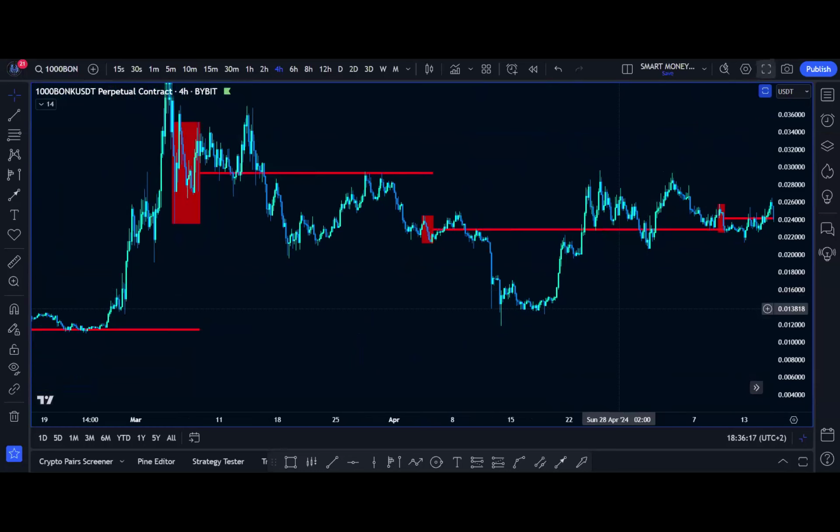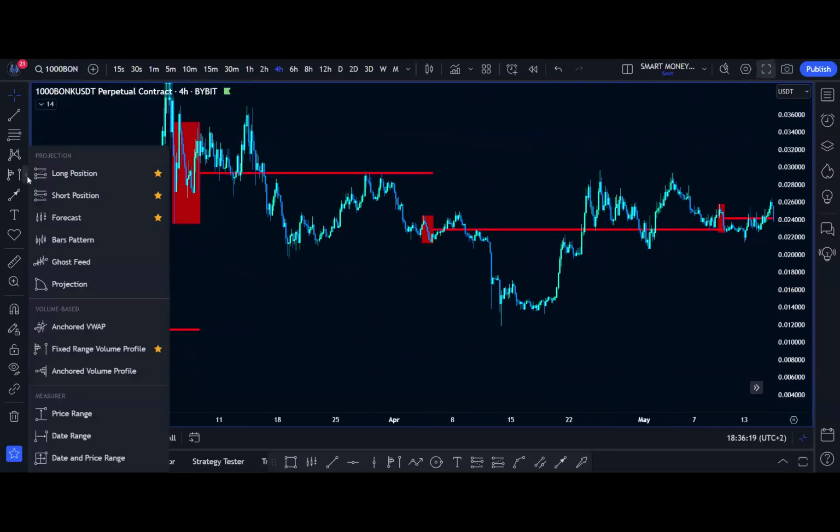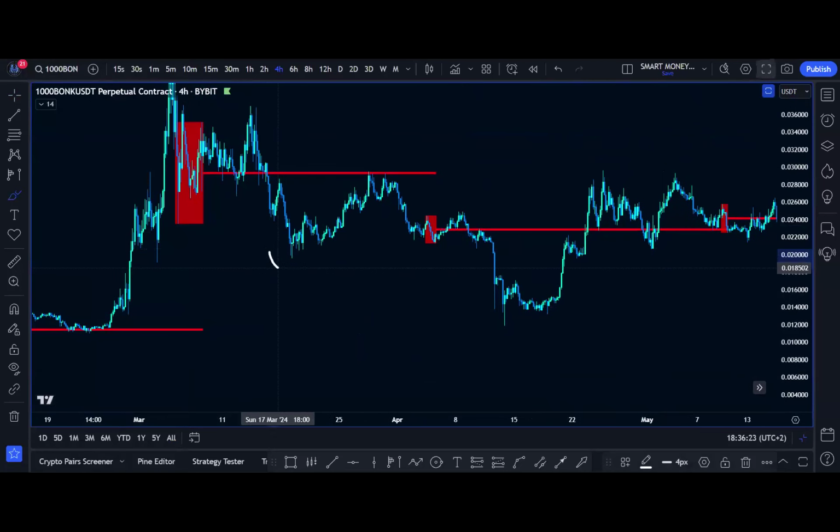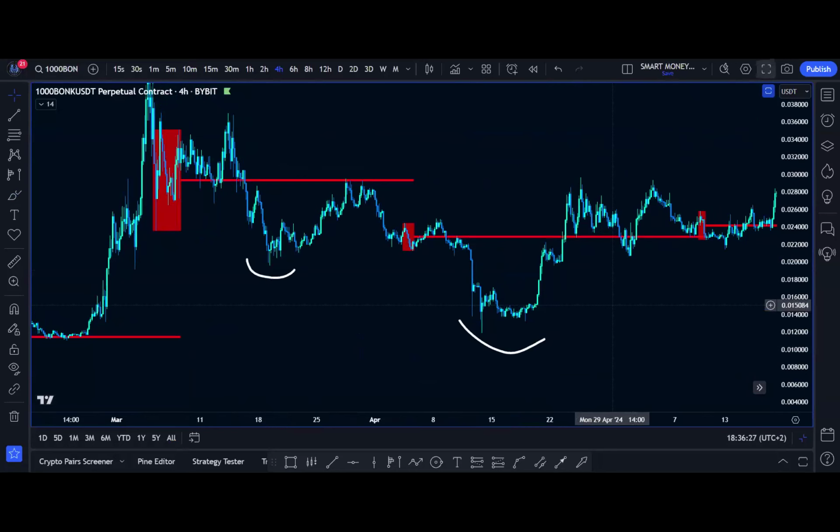I know there's that consolidation phase and the chalks and the break of structures. What are the ones you're looking for to know that there's going to be a reversal or a new trend?